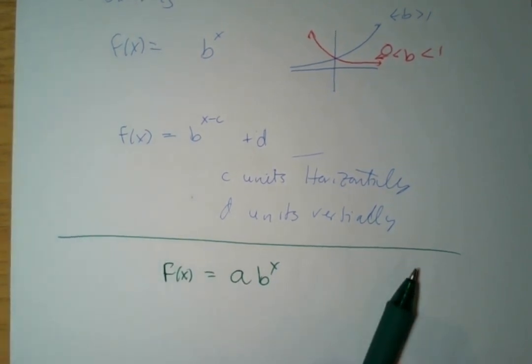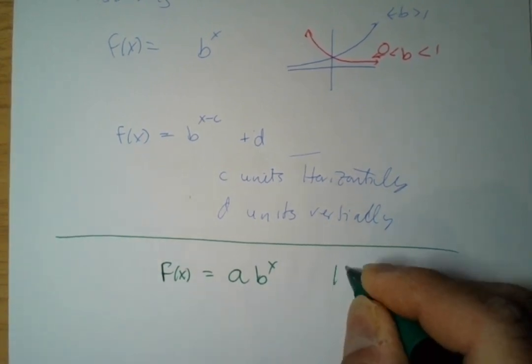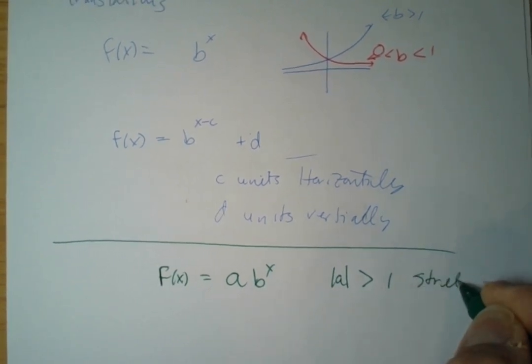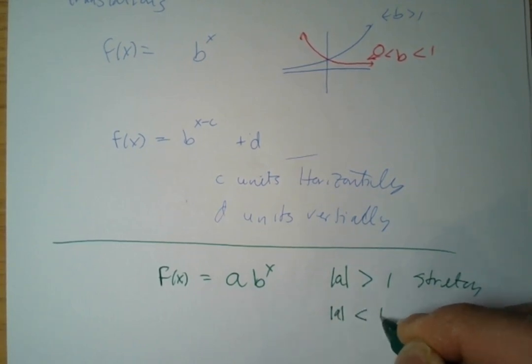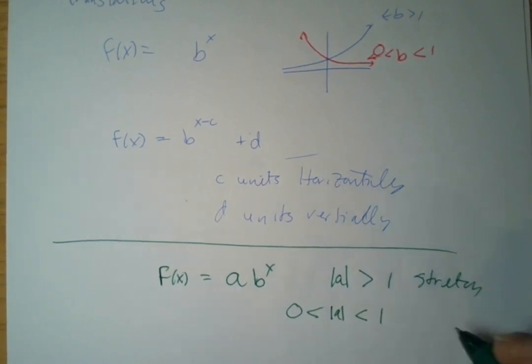In this case, if the absolute value of a is bigger than 1, then we have a stretch. And if the absolute value of a is between 1 and 0, we have what's called a compression. So it does exactly what those values say is being done, right? So here, let's take a look at our Desmos graph again.